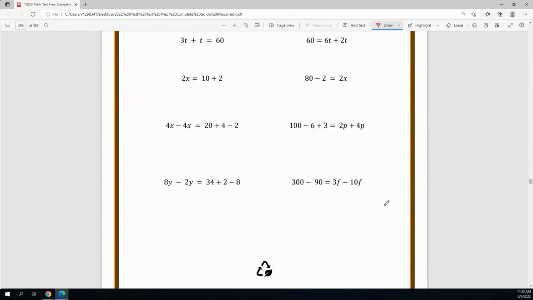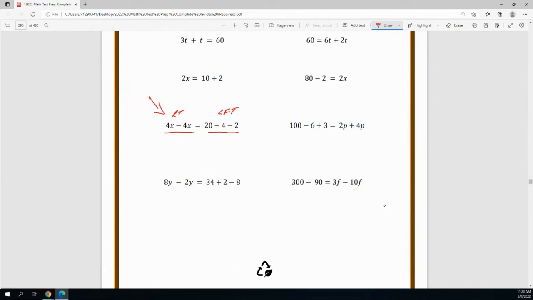Let's try another one. Look at this guy down here. Look at the left side. It says 4x take an x. Look at the right side: 20 plus 4 minus 2. So the idea is this: not only can I simplify the right side, I can also simplify the left side at the same time. But something special is going to happen.